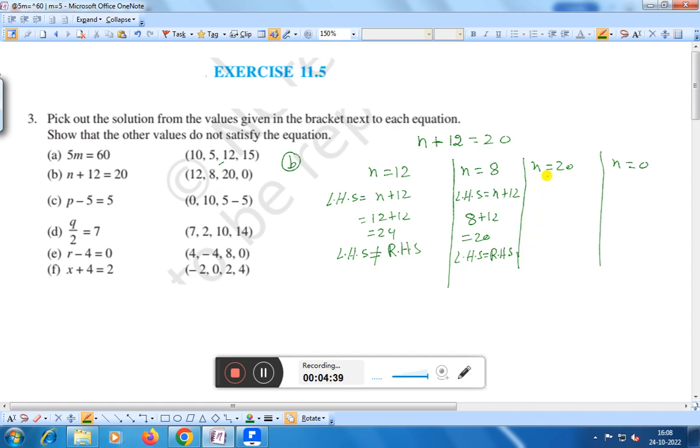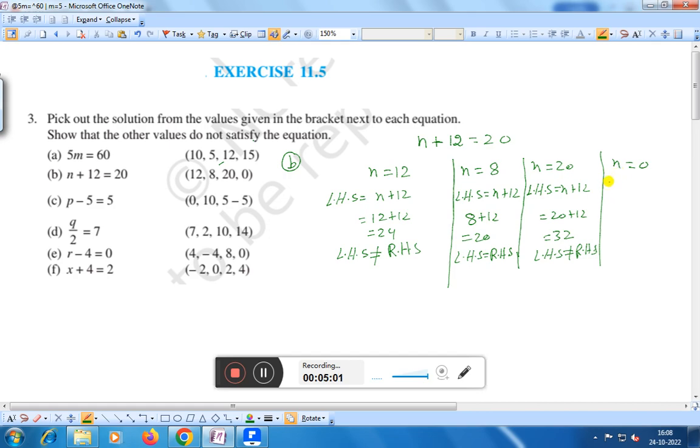Therefore we need not check the others, even then we are checking. Left hand side n plus 12, that is n equal to 20, 20 plus 12, that is 32, that is left hand side is not equal to right hand side.